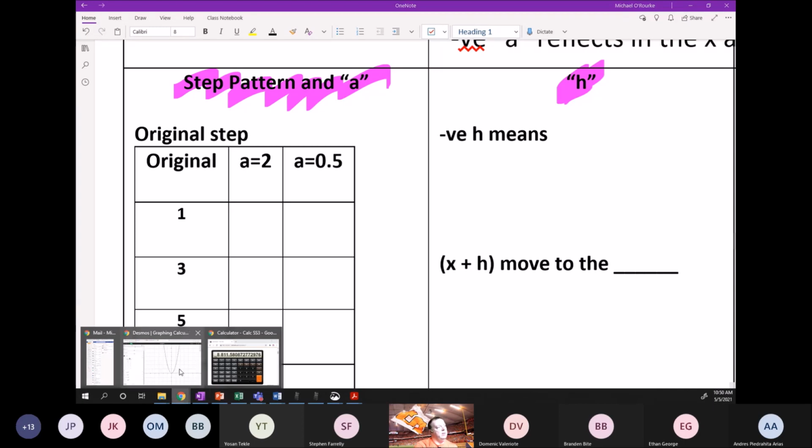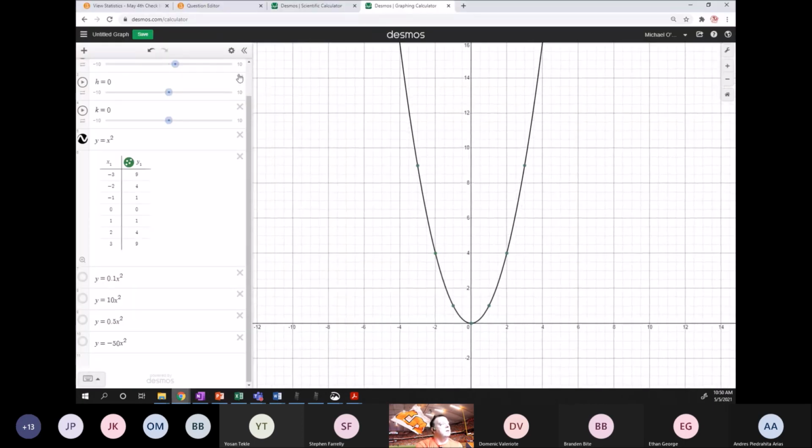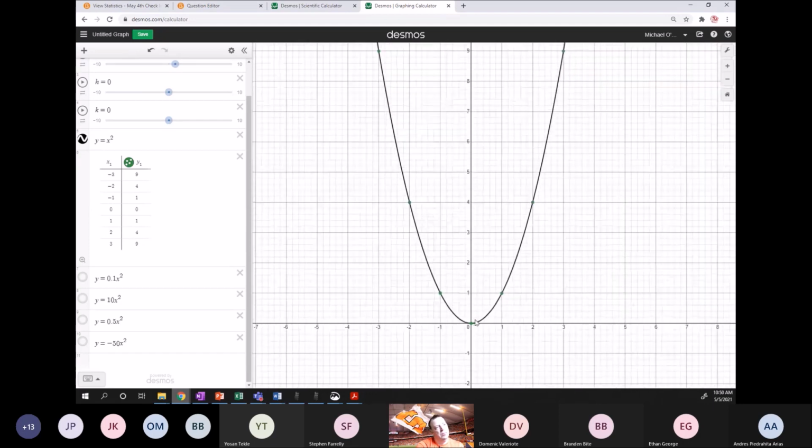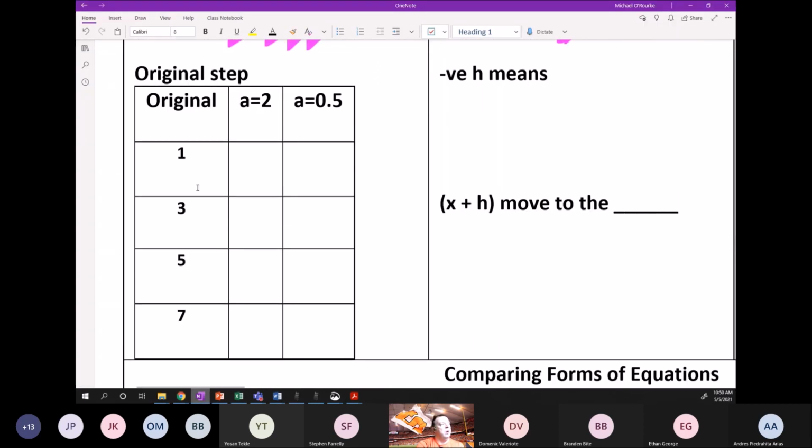Our step pattern. If you look at this, this is our original formula, the x squared one. And it has what's called a step pattern. Our original step pattern is 1, 3, 5, 7.